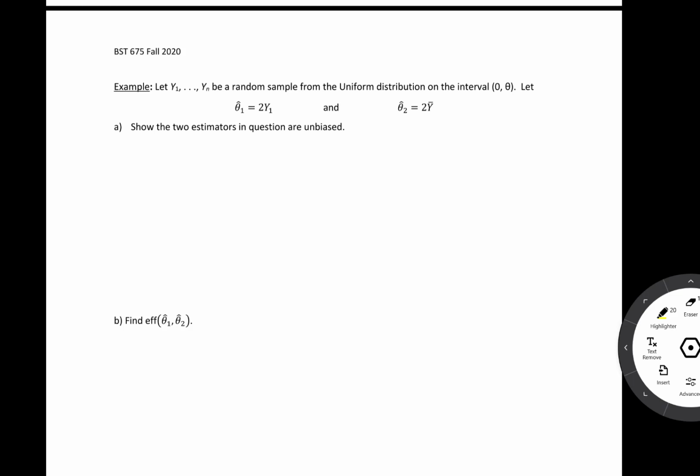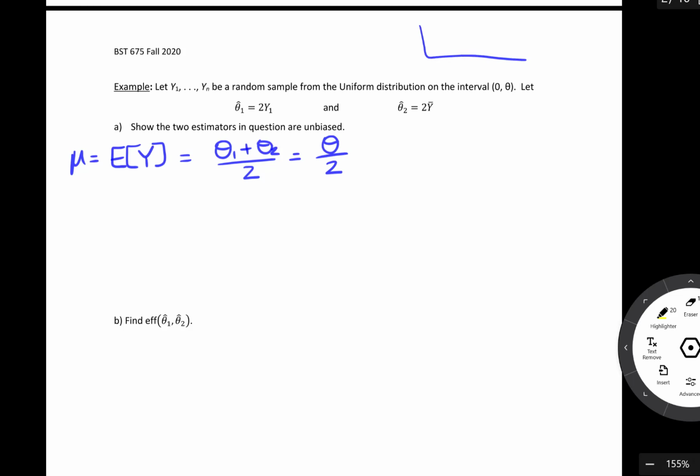The first thing we're going to do is show that these two estimators in question are unbiased. Notice first that mu, which is equal to the expected value of y, is equal to theta 1 plus theta 2 divided by 2 for a uniform distribution, which in this case is just going to be equal to theta over 2, because we are looking at uniform on the interval from 0 to theta.